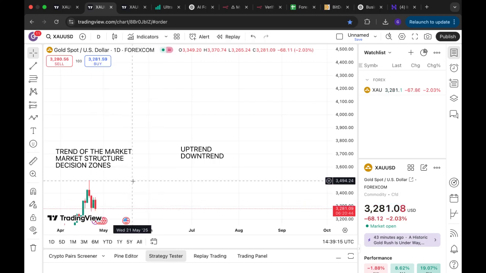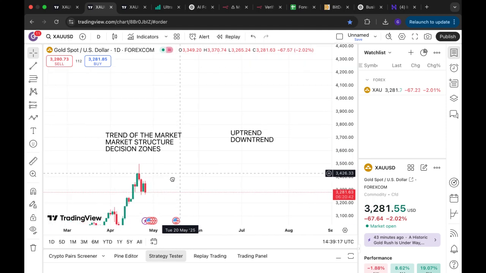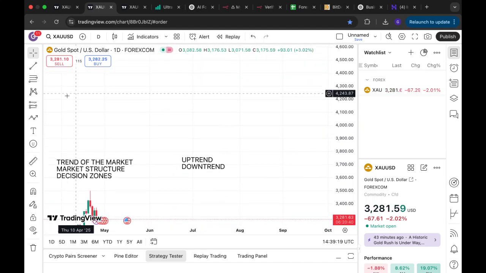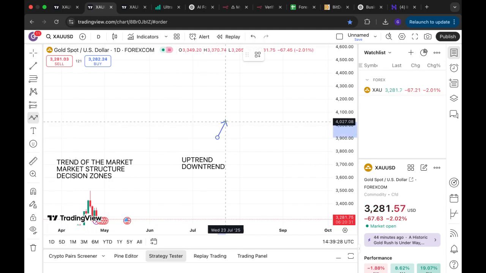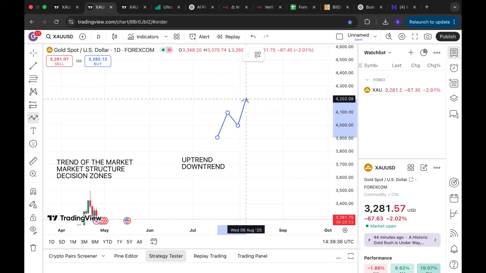And yes, to determine an uptrend, I would like to see price form this pattern. This is it. I like to see price push up, reverse back, break that high, come back, do the same thing.